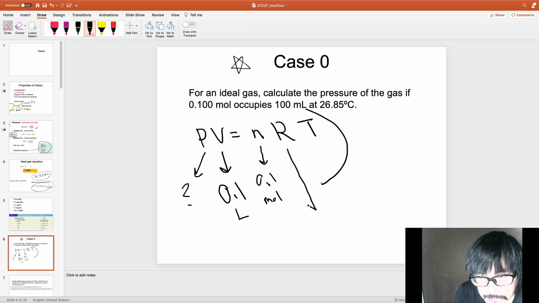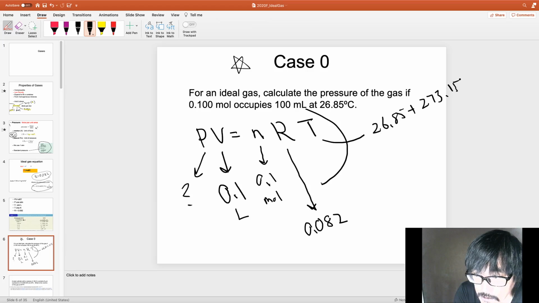And then we are going to use the 0.082, and then the temperatures, we're going to have to convert this Celsius to Kelvins. So we're going to add the 26.85 plus 2200, this number, right? So that goes in here. So if you plug all these things into this equation, you can solve for this one. I'll just say that this problem is already solved.